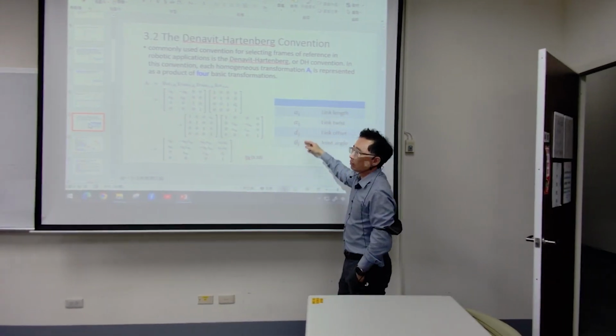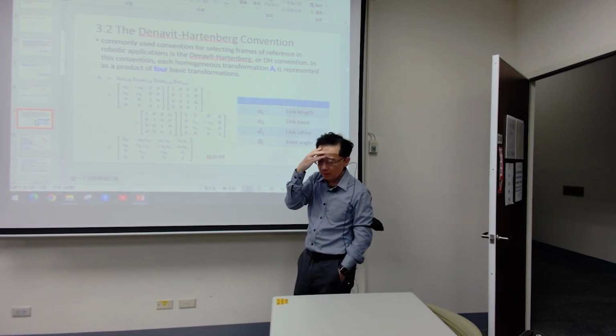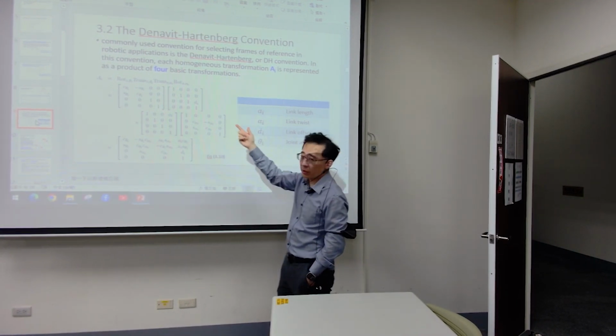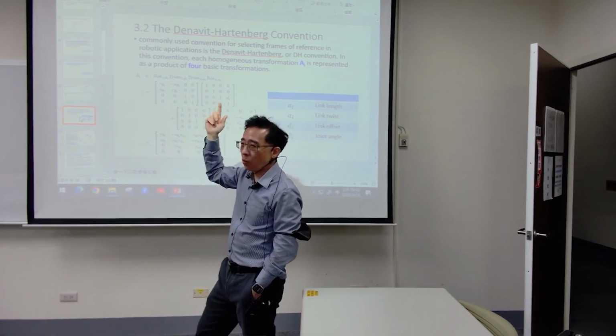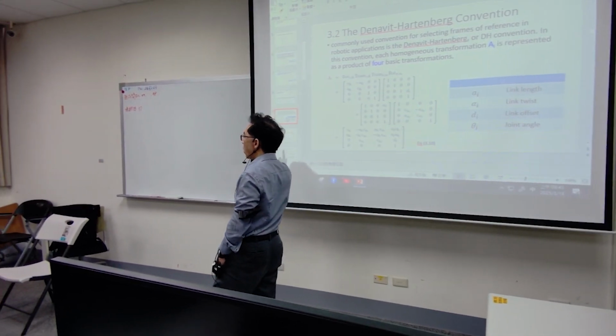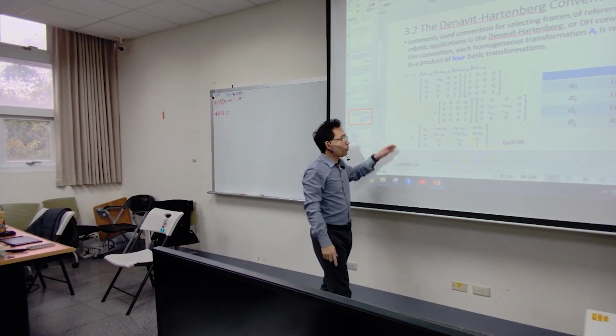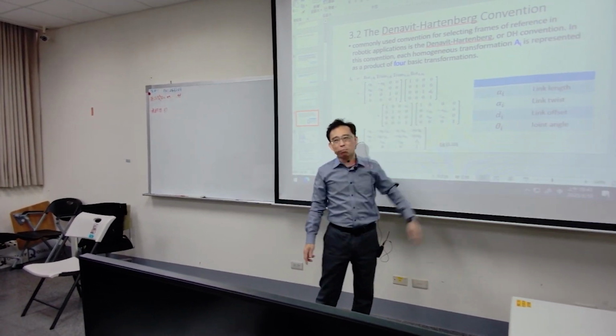So before I go deeper, let's just have the concept. That is one joint, and we use one A_i to represent it. Joint 1 is A1, but A1 contains 4 matrices multiplied together.